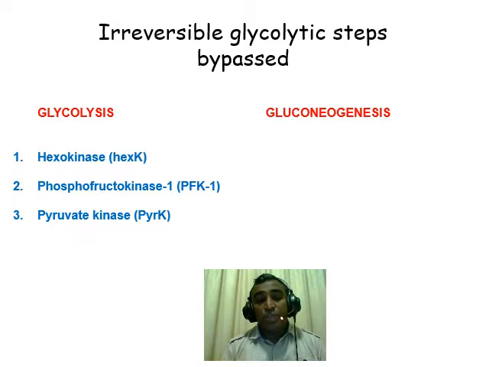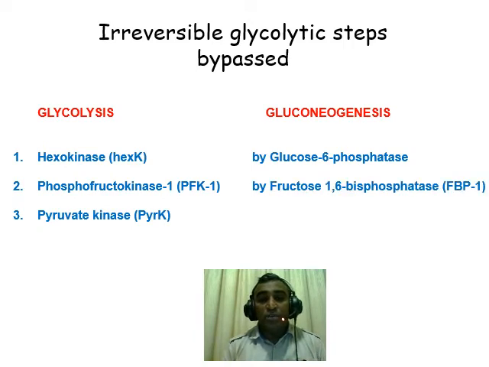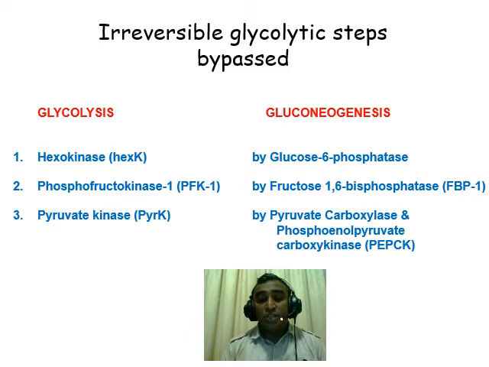And to be able to do that, you need enzymes such as glucose 6-phosphatase to bypass the hexokinase step. And then you need fructose 1,6-bisphosphatase to bypass the phosphofructokinase 1 step, followed by two enzymes, that is pyruvate carboxylase followed by phosphoenol pyruvate carboxykinase, to reverse the step catalyzed by pyruvate kinase itself.